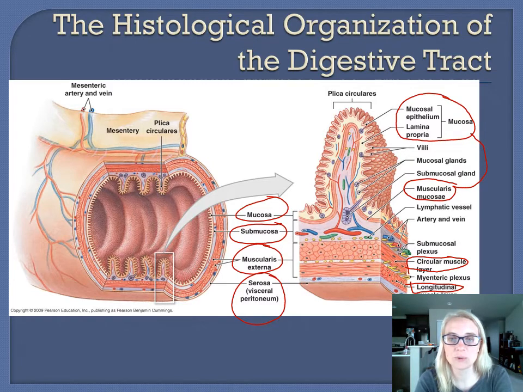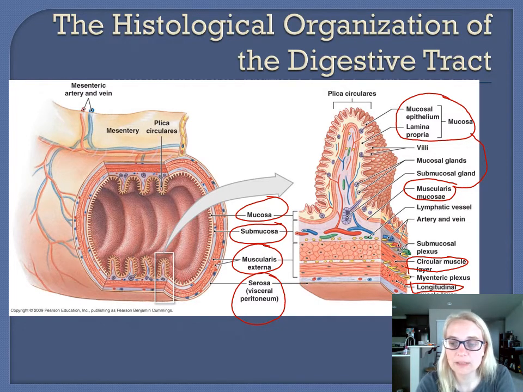By the time we get to the rectum and the anus, it turns back to stratified squamous epithelium because we're getting back to solid waste material moving through. We want to prevent abrasions and damage. So think of the mucosal epithelium as primarily simple columnar epithelium through the majority of your tube.